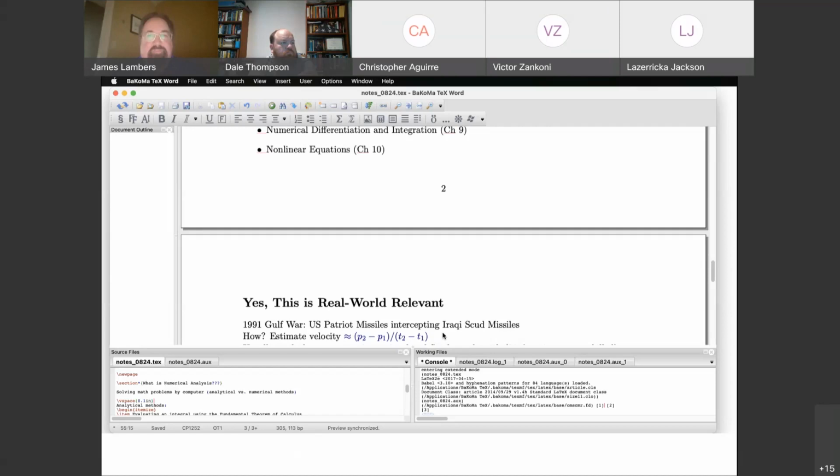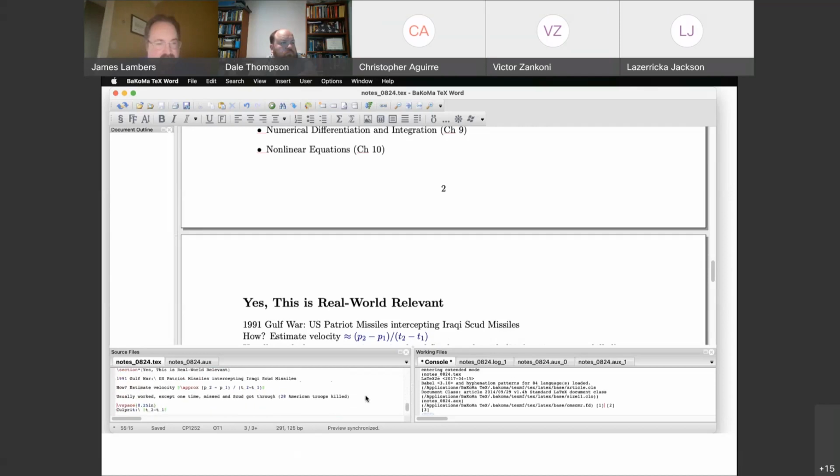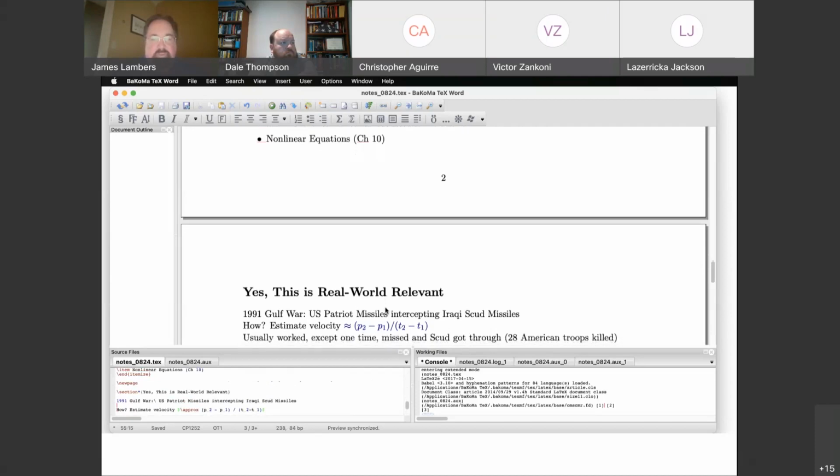Generally this worked very well, and so we would successfully intercept those missiles. But there was one occasion where it was unsuccessful, where the Patriot missile missed the Scud wildly, and the Scud missile got through, and sadly, 28 American troops lost their lives because of this misfire.